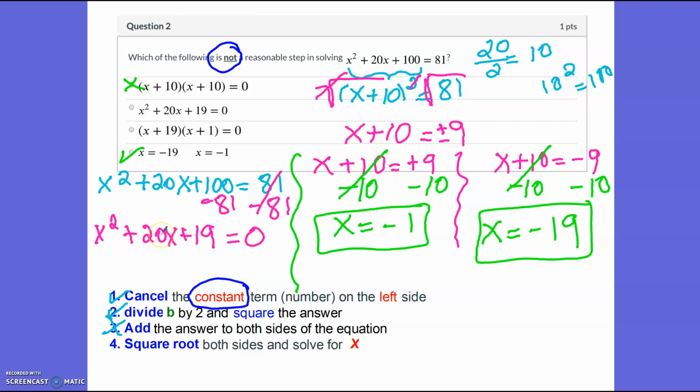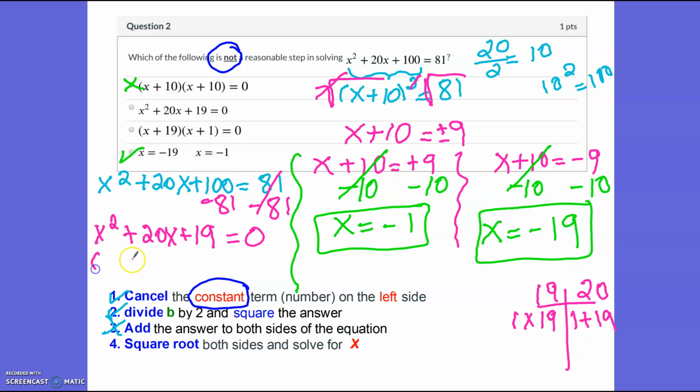So I can also factor, okay? So to factor this, I know that I need a number that will multiply and give me 19, and that will add and give me 20. So I know that 1 times 19 is 19, and 1 plus 19 is 20.